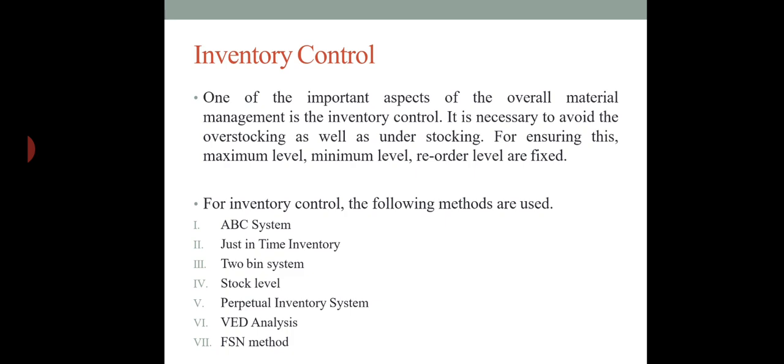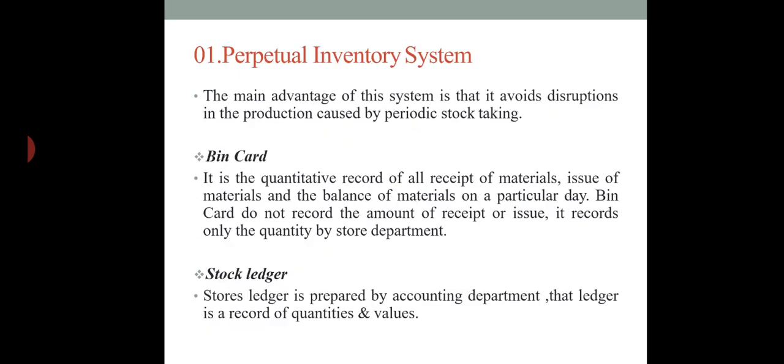First, let's see what a perpetual inventory system is, and next we will see ABC, just in time and everything. In the perpetual inventory system, it is simply counting inventory as soon as the stock arrives.